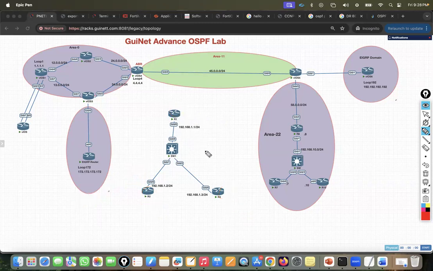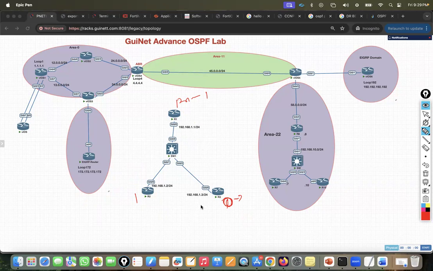By default, the priority is going to be 1. But let's suppose I purposefully configure the priority 0 for this router. Then who is going to become my DR and who is going to become BDR?